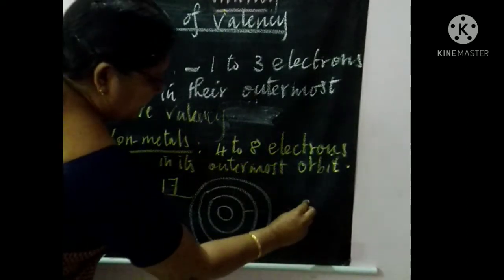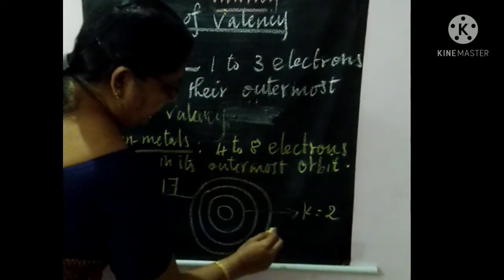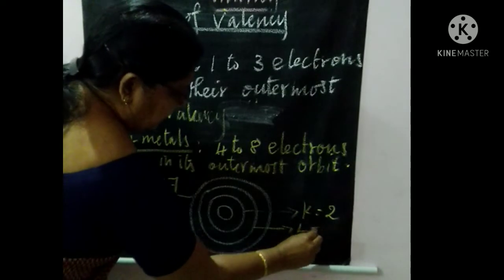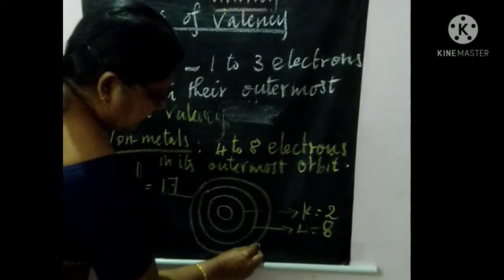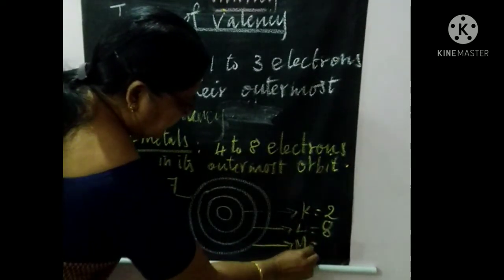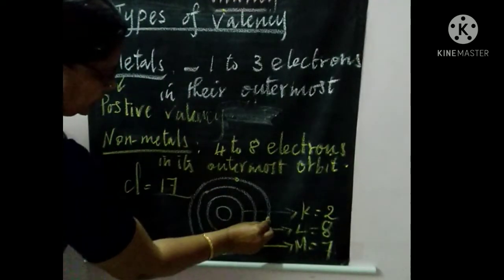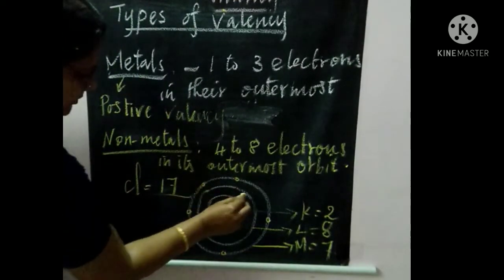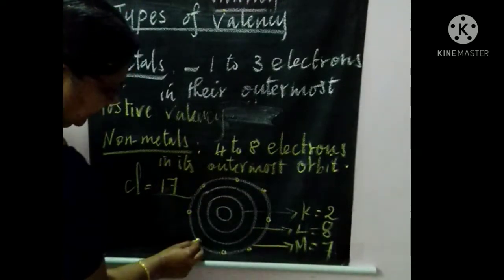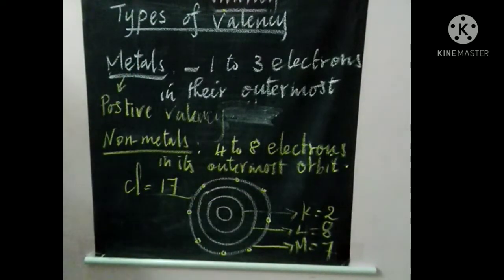Here the K shell has 2 electrons, the L shell 8 electrons, and the remaining 7 electrons are arranged in the outermost orbit. So it needs one more electron to get a stable configuration.